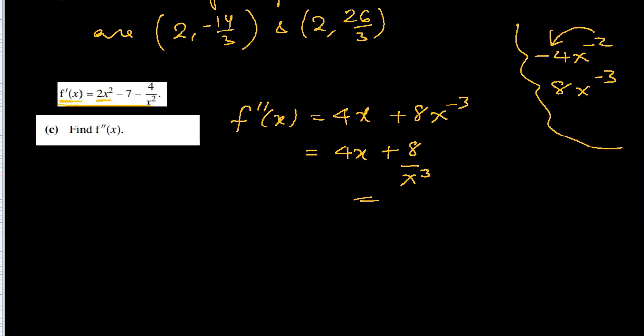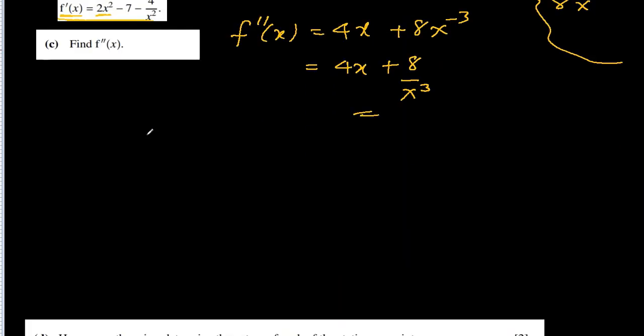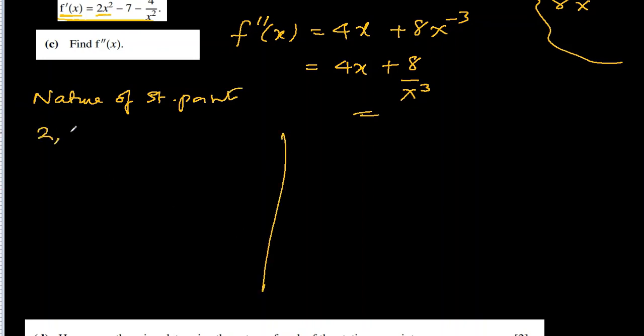This is the second derivative. Next, hence or otherwise determine the nature of each stationary point. The nature of each stationary point can be found using the second derivative itself. So the first one was (2, minus 14 over 3). This was the stationary point, and we substitute the x value in the second derivative.